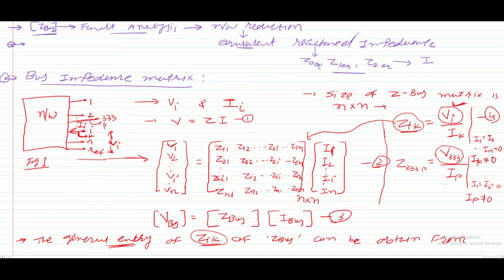Because of this drawback, we will formulate the Z-bus matrix using the step-by-step method. Why?